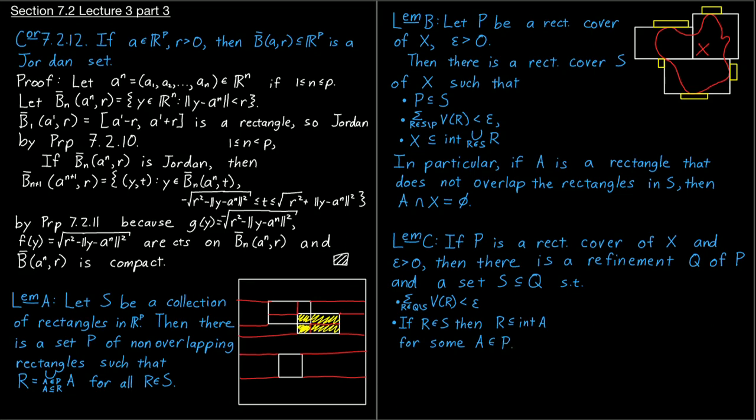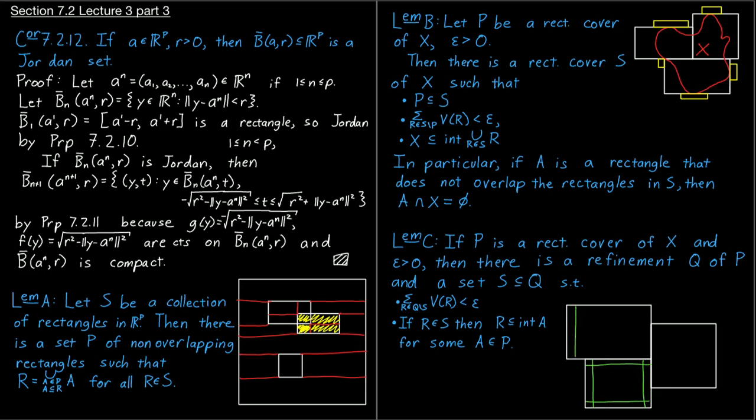Let me draw you this picture. We start with our rectangular cover. I'm not even going to draw the set S in this case. And then we slice each of our rectangles into 3 to the p pieces. In 1 dimension, intervals, we chop off a little off each end.